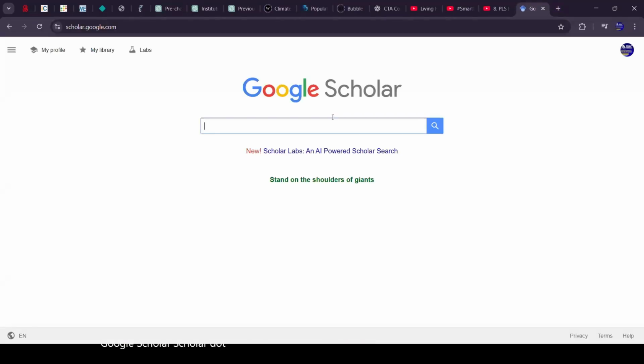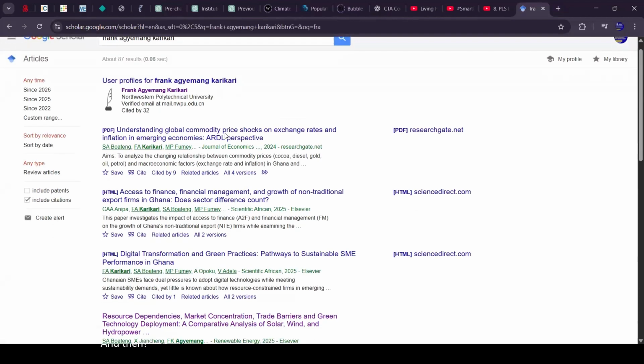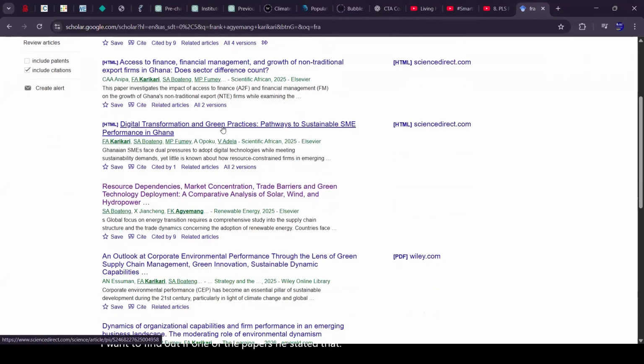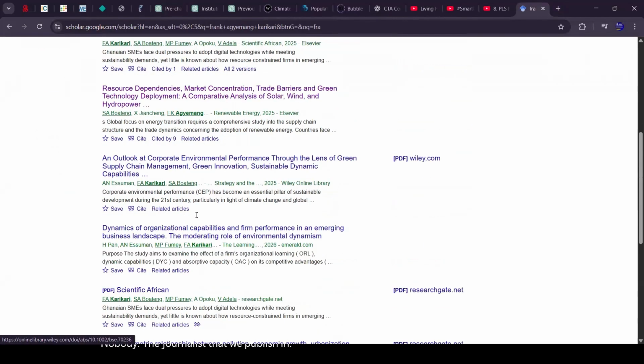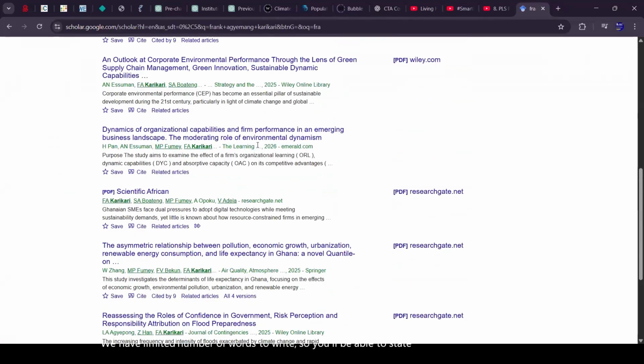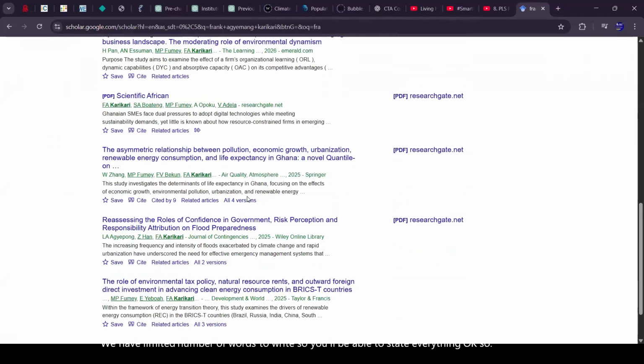I want to find out if one of the papers we stated that. Normally, in the journals that we publish in, we have a limited number of words to write, so you're not able to state everything.